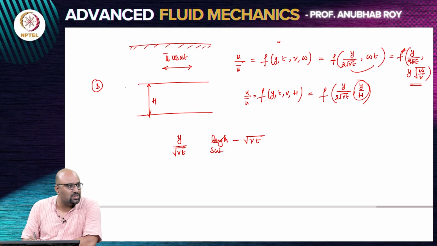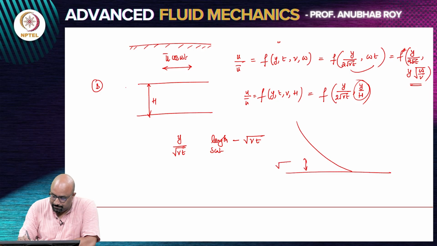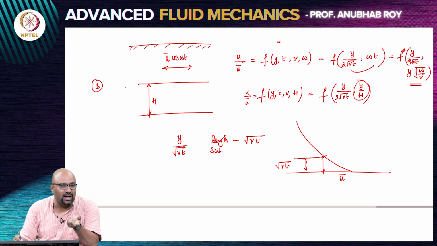Root nu t has dimension of length, and this length scale tells you the distance over which viscous diffusion has percolated. So, in this particular problem, if you ask the question that I have a fluid velocity u bar at the plate, and then how much further in space do I need to go before I see the fluid velocity dipping by, let us say, 1%.